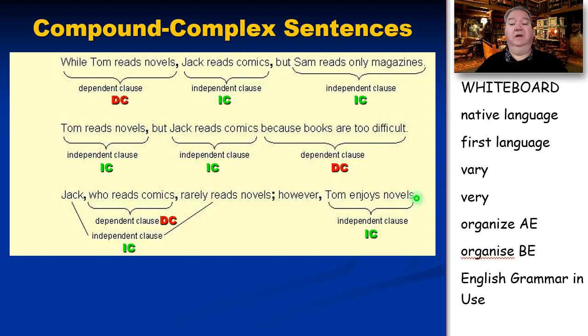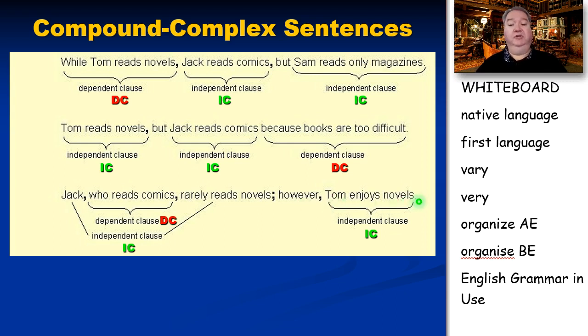However, Tom enjoys novels. Notice here we don't have a comma and a conjunction. We said earlier that some sentences use conjunctions, some will use semicolons. Remember, you can use a semicolon to join two independent clauses. We talked about that very early in the semester. And instead of a conjunction, we use one of these, it's called a subordinator. It's a word like however, or therefore, or furthermore.